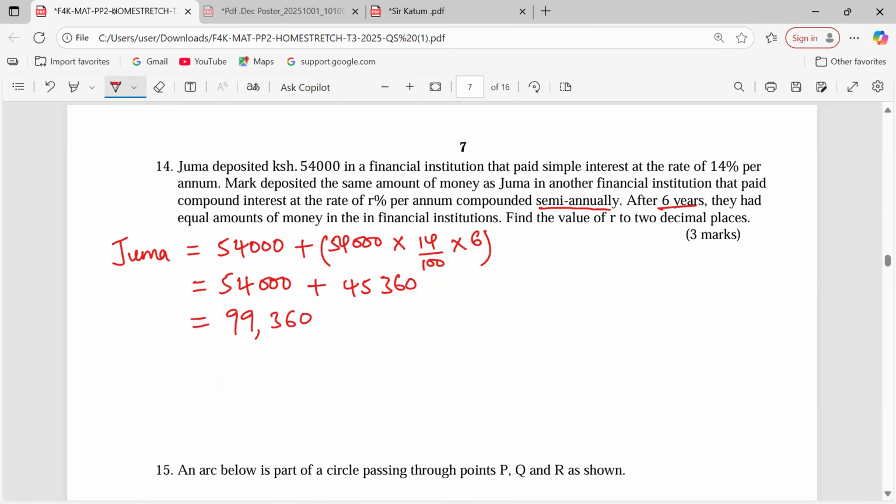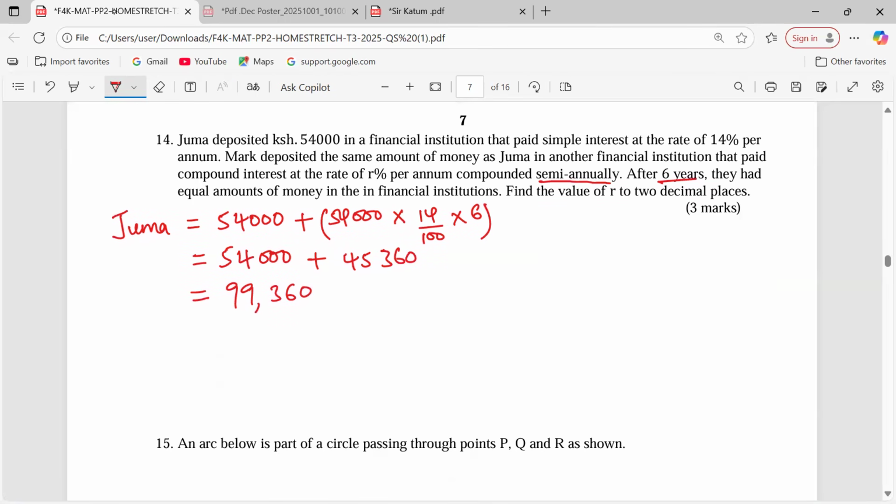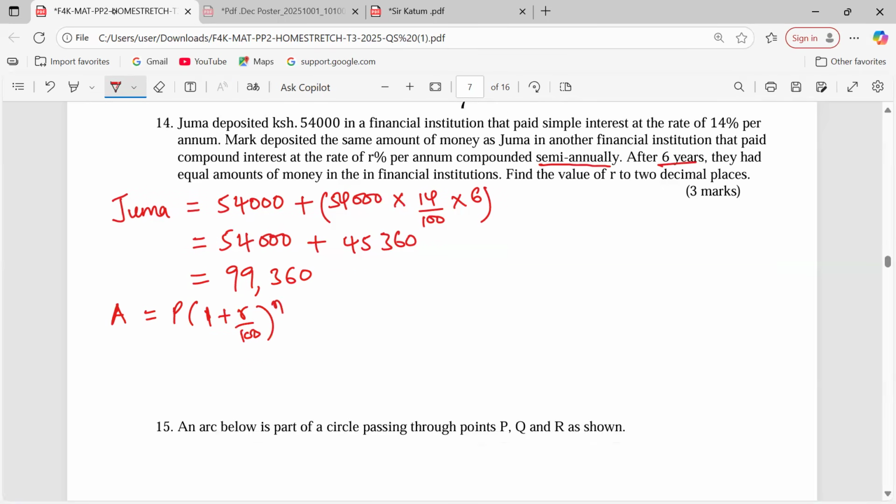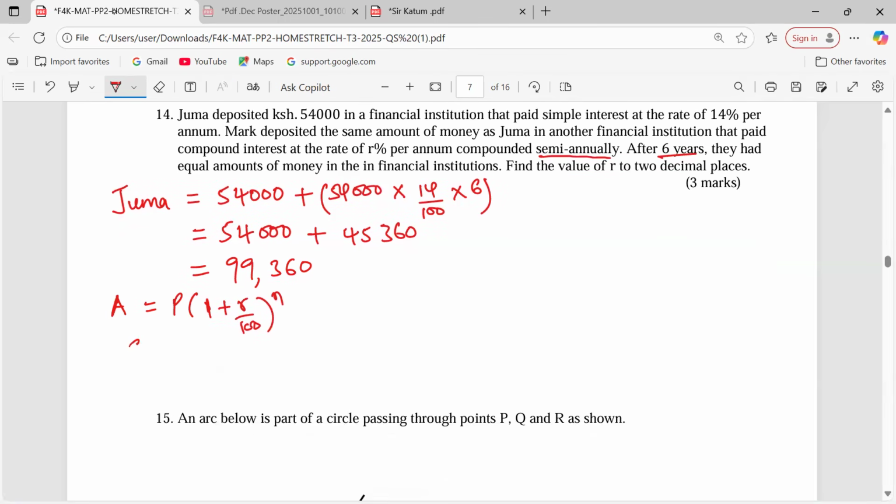We are being told that after 6 years, Mark is also having the same amount, but he had a very different deal. Therefore, we will say, amount is usually given by principal into 1 plus rate raised to n. Therefore, he is going to have the same amount, 99,360 equals principal, he invested the same amount, 54,000, times 1 plus R over 100 raised to the number of interest periods.